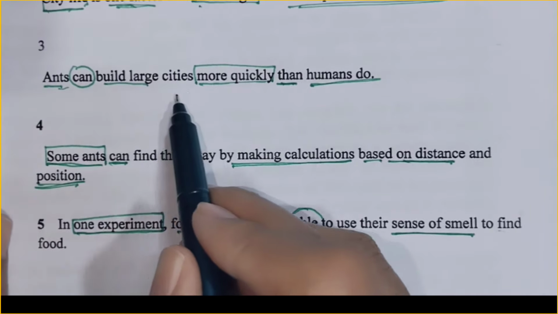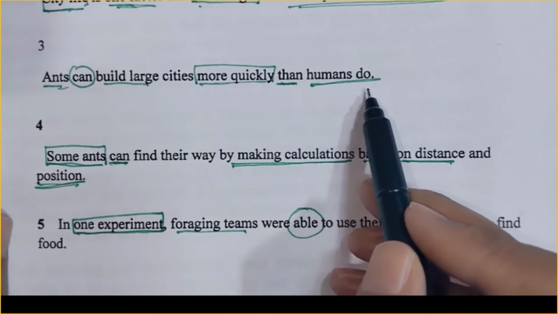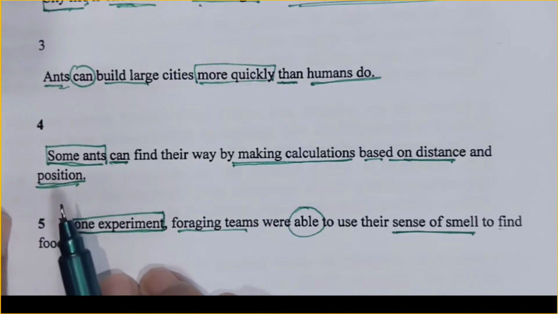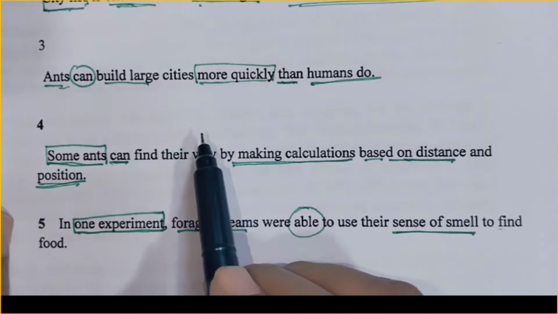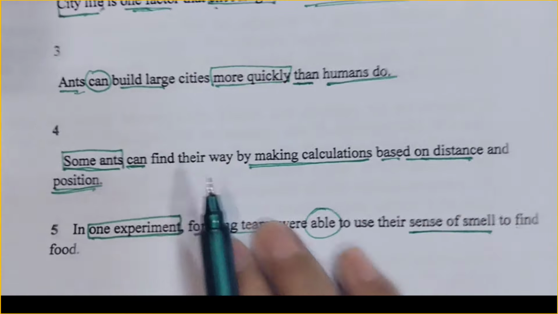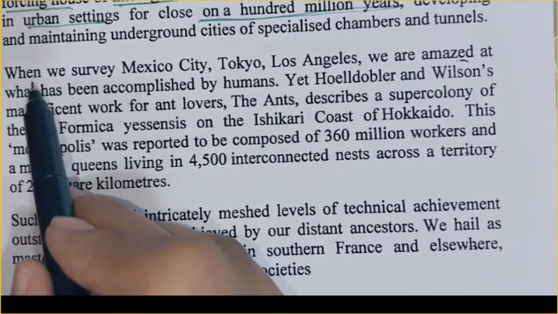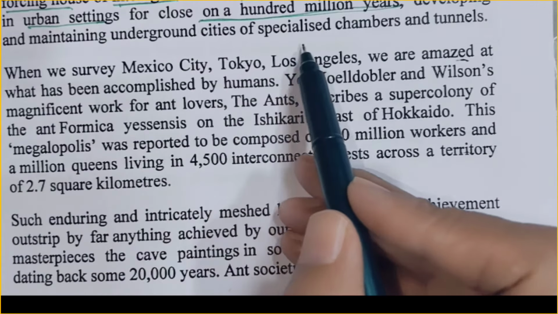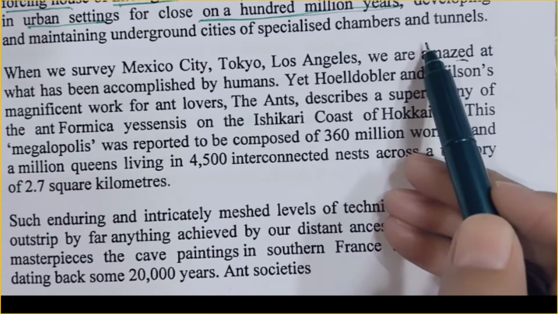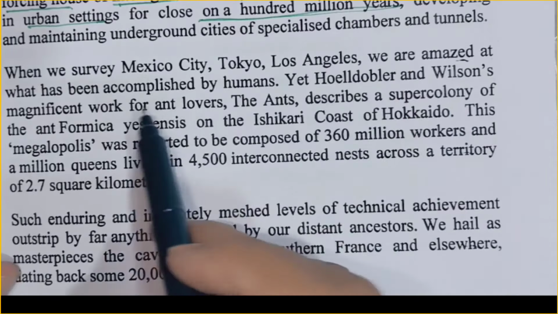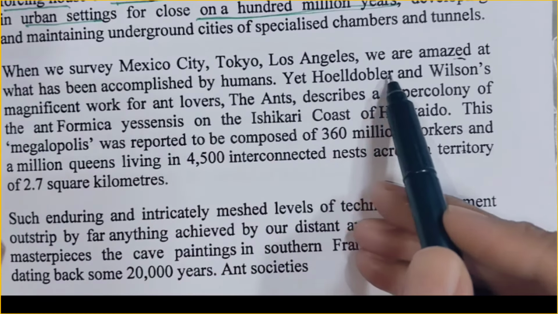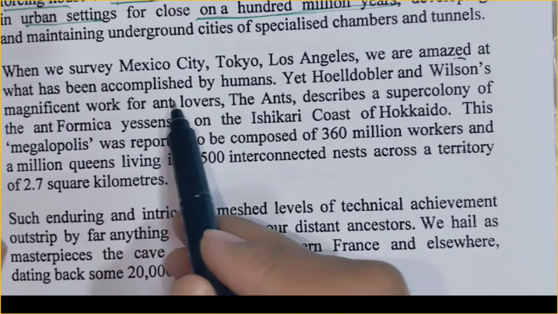Ants can build large cities more quickly than humans do. So now we have to find out, are they able to build large cities more quickly than humans do? So we will find out our answer. Years developing and maintaining underground cities of specialized chambers and tunnels, but they are not talking about more quickly. When we survey Mexico City, Tokyo, Los Angeles, we are amazed at what has been accomplished by humans.